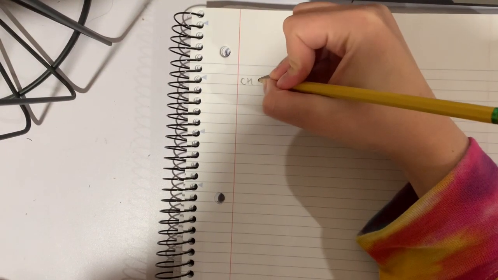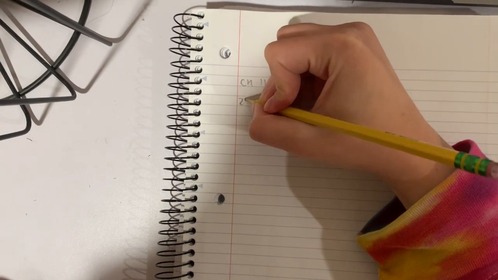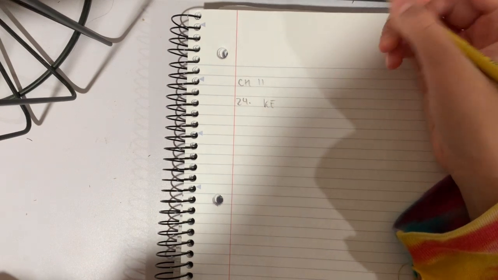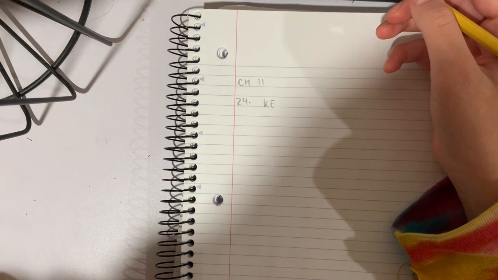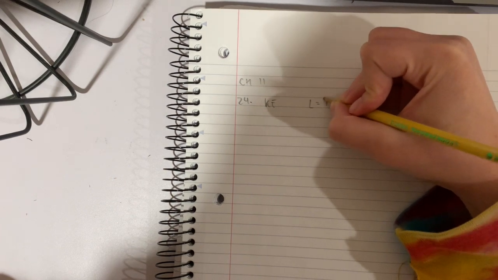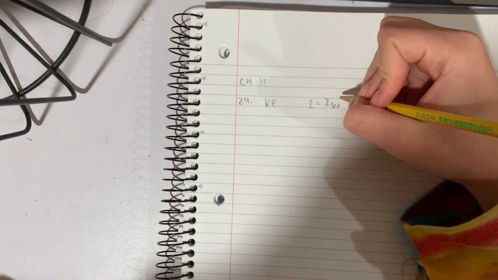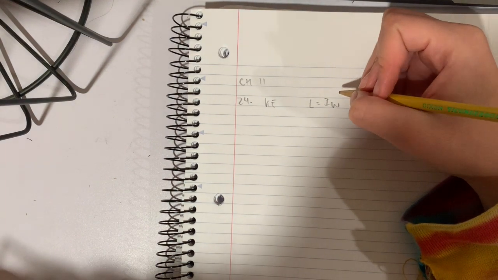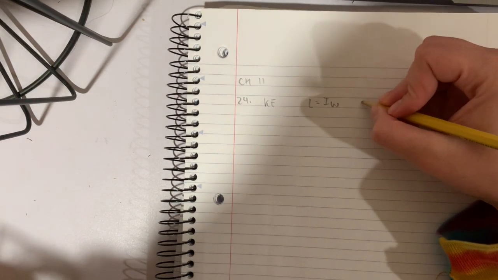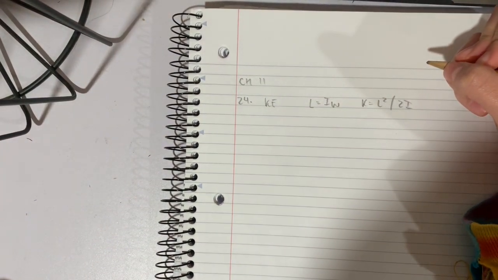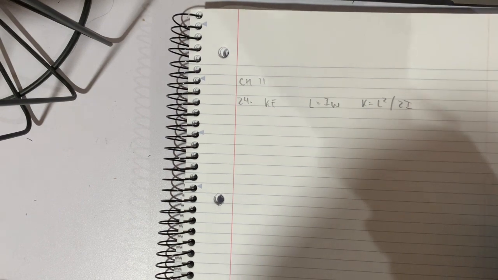Okay, so for my last question, chapter 11, I'm doing question number 24, and it says, show that the kinetic energy of an object rotating about a fixed axis with angular momentum L equals I omega can be written as K equals L squared over 2I. So this is very similar to the one I chose before.